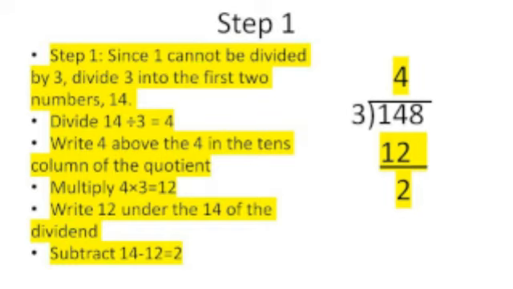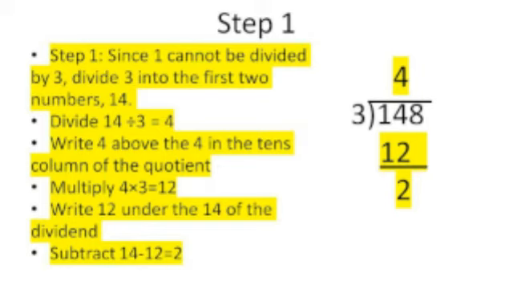And we find that 3 cannot go into 1, so we're going to move over to see if it can go into the first 2 digits. And 3 can go into 14. It goes into it 4 times, so you'll see the highlighted 4 placed on top of the dividend.